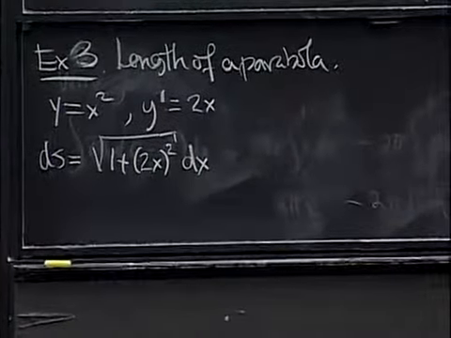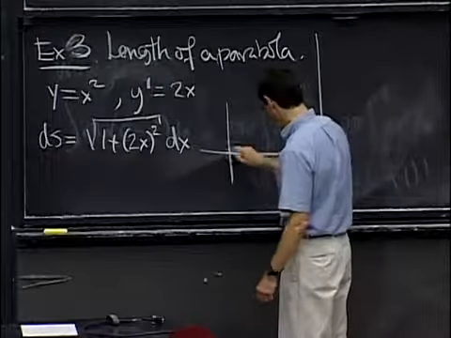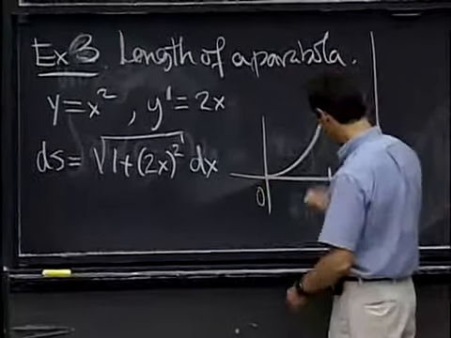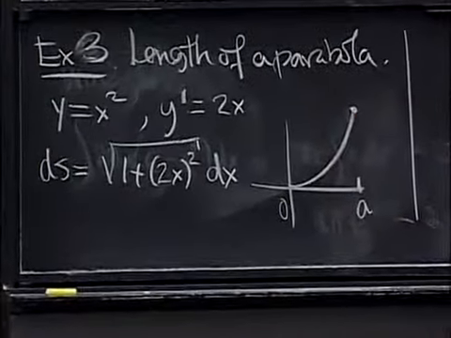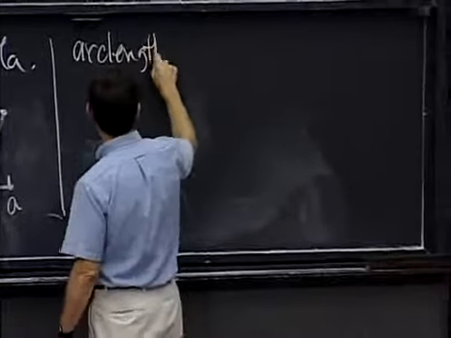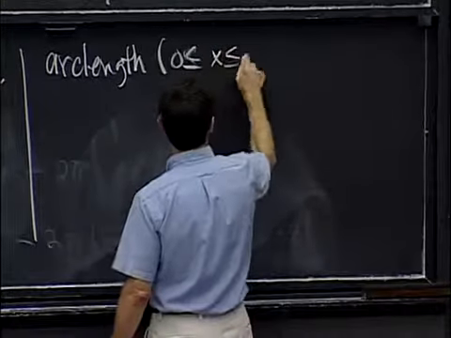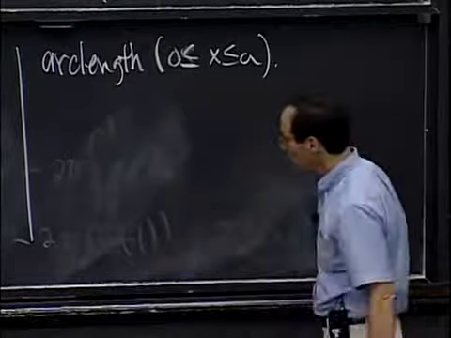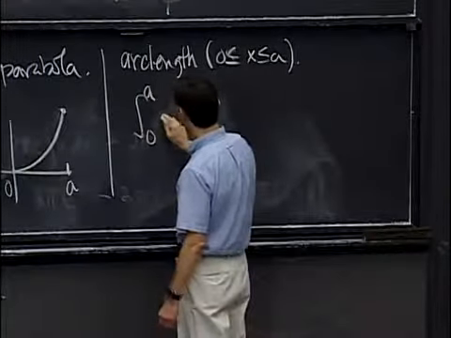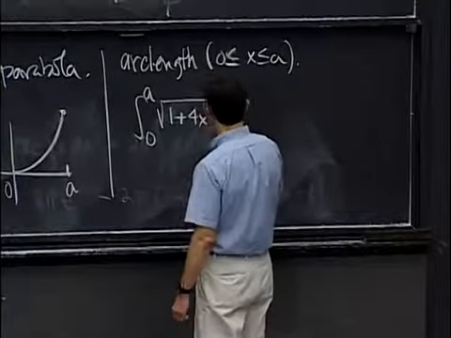And now I can figure out what a piece of a parabola is. So I'll draw the piece of parabola up to a, let's say, starting from 0. So that's the chunk, and its arc length between 0 and a of this curve is the integral from 0 to a of the square root of 1 plus 4x squared dx.